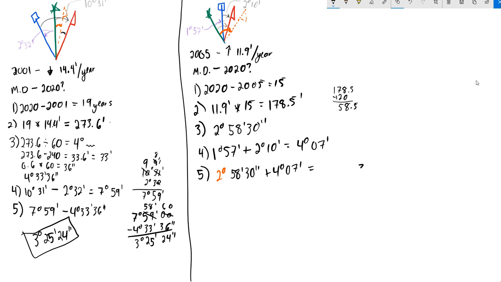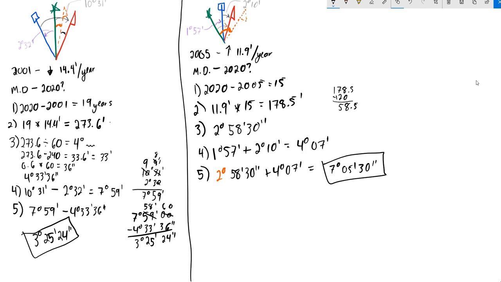So that will be 30 seconds, 5 minutes, and 7 degrees. And that is my magnetic declination for this example.